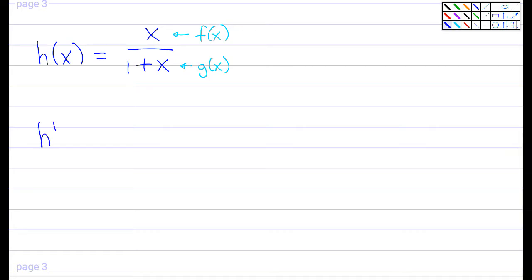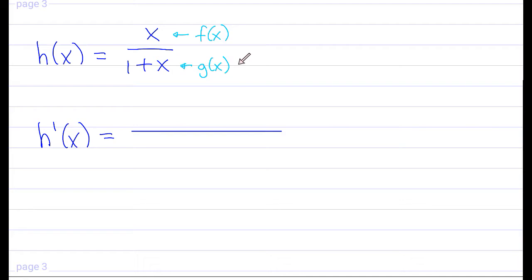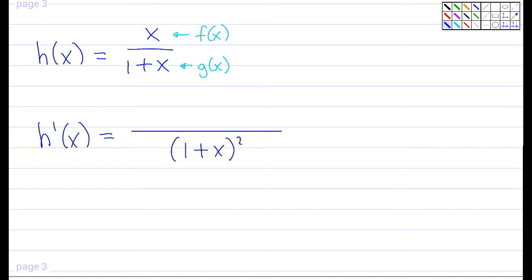H prime of x equals, okay, big fraction line again. First, I take the g function, the denominator of my original function, and I square that. Square the whole thing. Next, I bring that function up, of course without the square, because that's what g is.